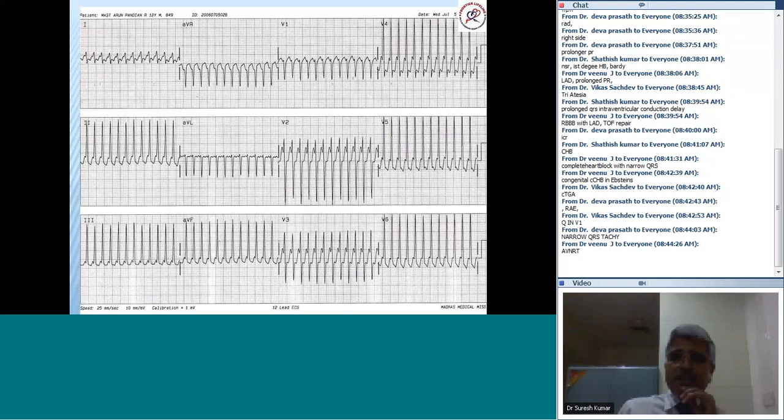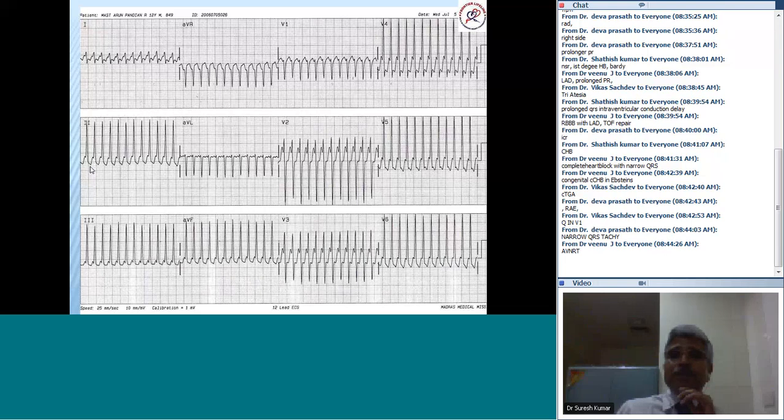To be fair to you, it would be difficult for you to make out a P wave in this. The P wave is actually occurring somewhere here. So that will make Shadab correct. It's an orthodromic AV reentrant tachycardia.